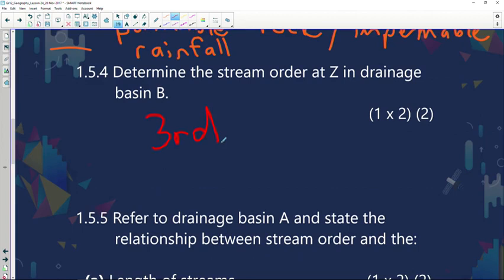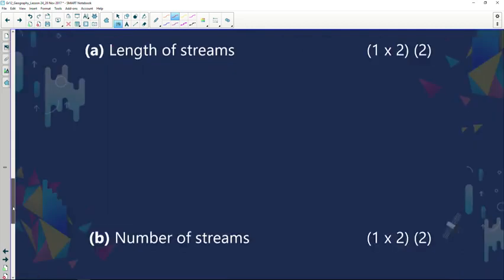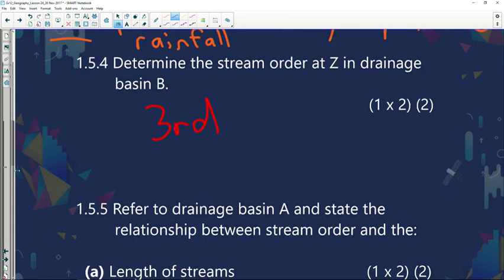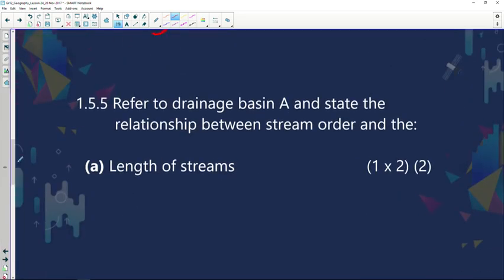Refer to drainage basin A and state the relationship between stream order and the length of streams, and if you look at B, the number of streams. Now if we quickly have a look at it, for the length of streams, the lower the order, the shorter the streams.